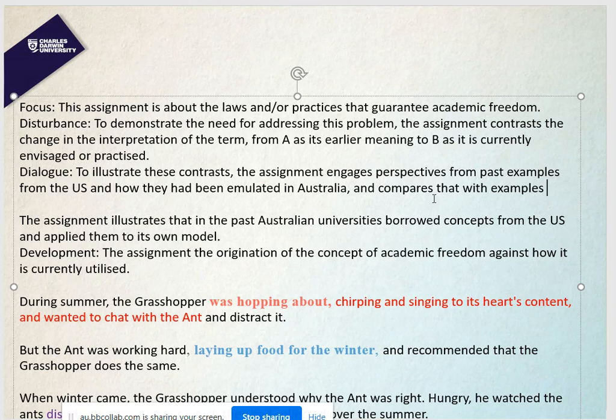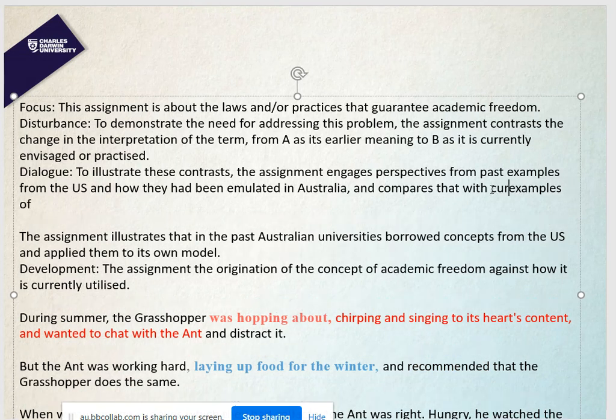With examples that exist today. So this is not just from the past, but with current examples from the US and Australia. Development now.